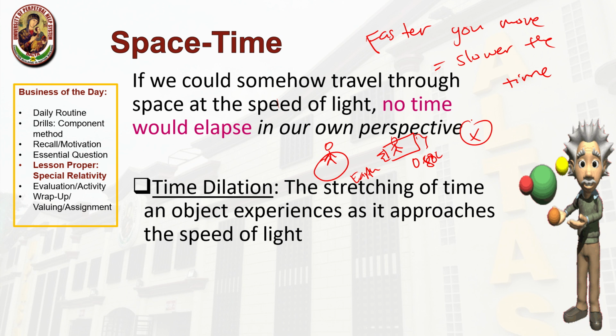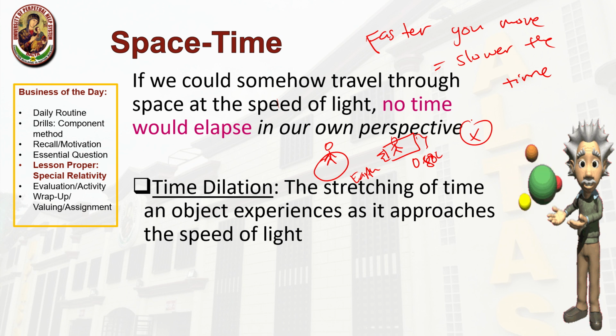If we consider the speed of this spaceship, it is 80% the speed of light. It is close to the speed of light, meaning it is very fast compared to the speeds that we experience on a daily basis. This is where time dilation would be observed.